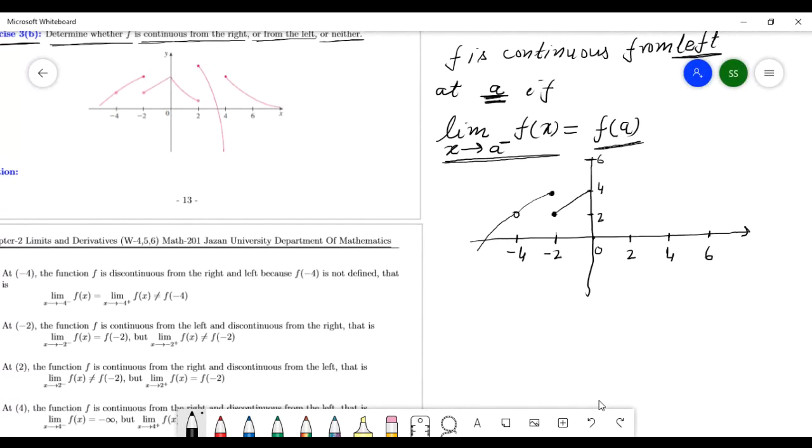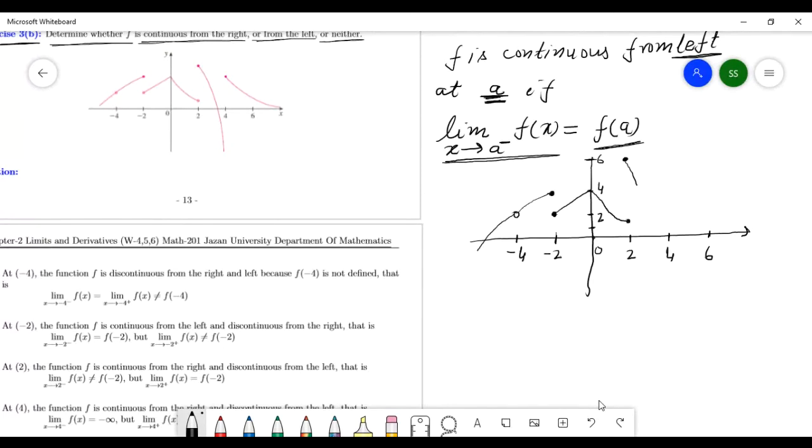And then coming here. This way. And this way. And this is here.